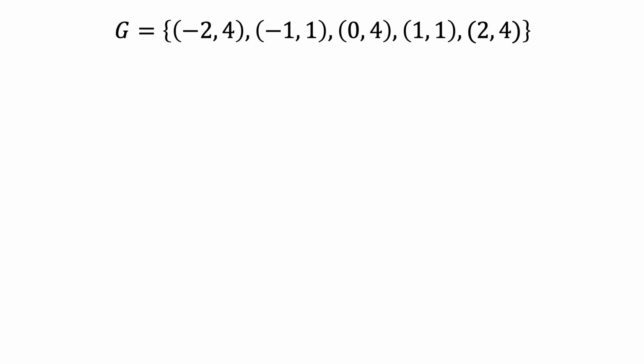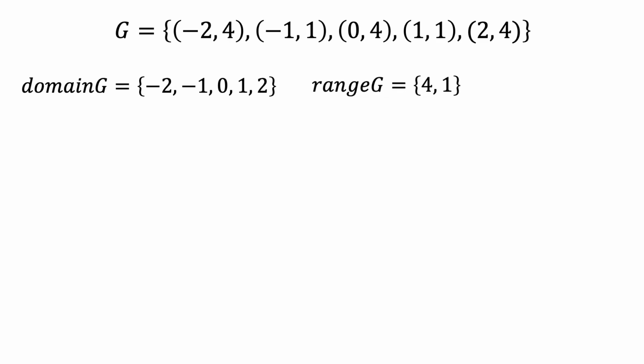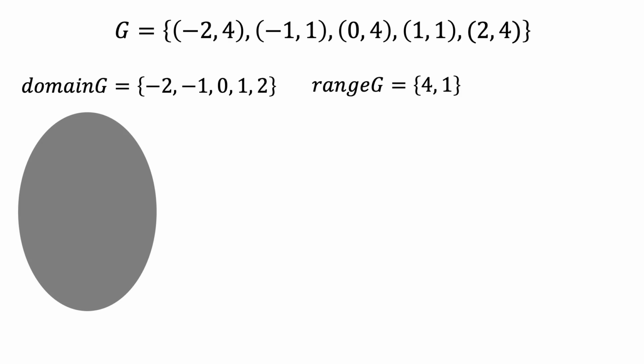We know that the elements of domain G are -2, -1, 0, 1, and 2. Following the definition of set, the elements of range G are 4 and 1 only. Let's put all of the elements of domain G in an ellipse. We will do the same for the elements of range G.